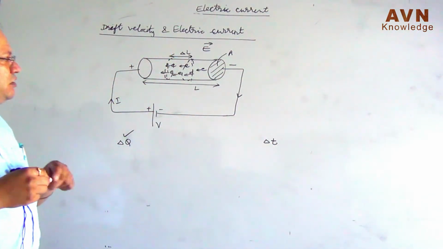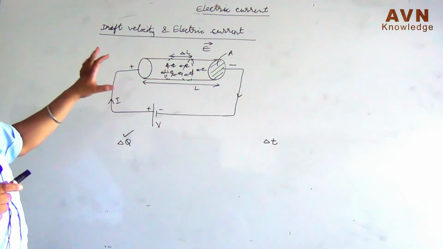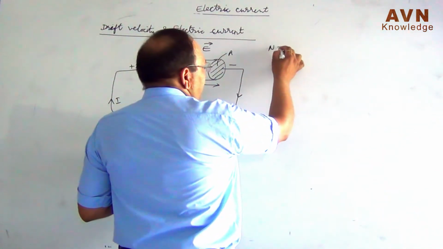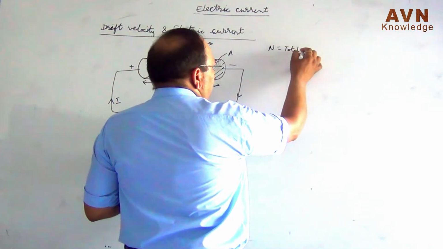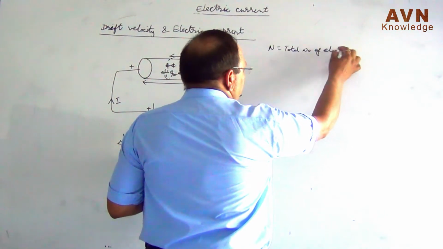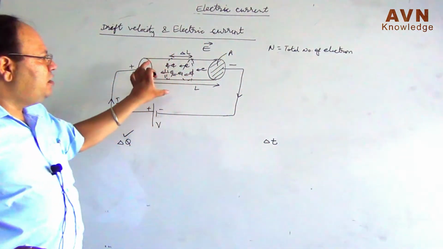First, capital N is the total number of electrons in this conductor.